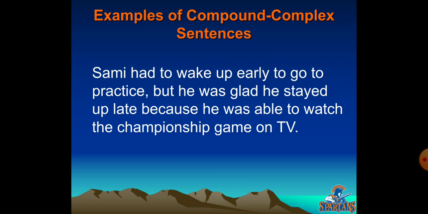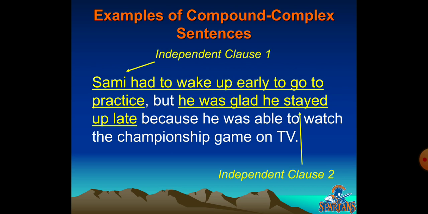Examples of compound complex sentence. Sammy had to wake up early to go to practice, but he was glad he stayed up late because he was able to watch the championship game on TV. The independent clause, Sammy had to wake up early to go to the practice. Another independent clause, he was glad he stayed up late.